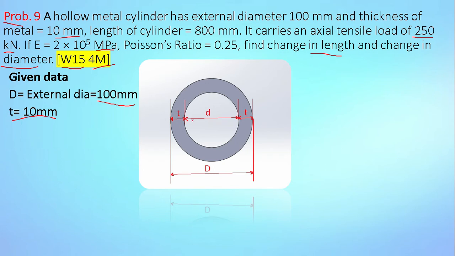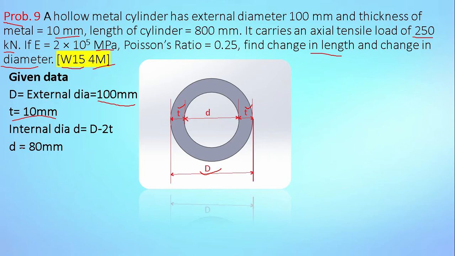Here the internal diameter is not given, so we can find this internal diameter by subtracting the two thicknesses from the external diameter. So internal diameter is equal to the external diameter minus the two thicknesses, which is D minus 2t.